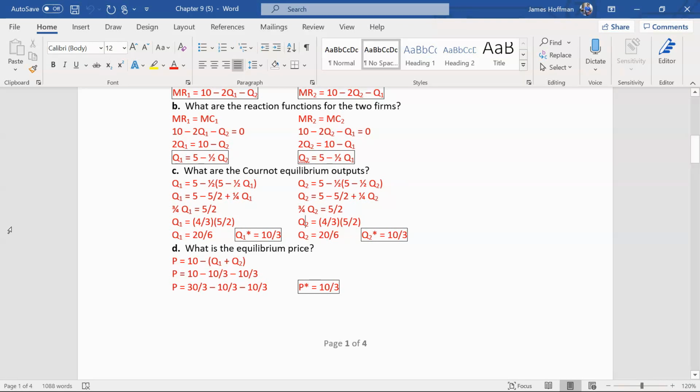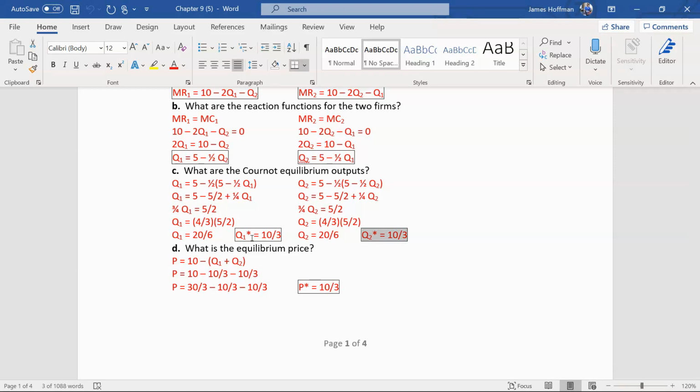We get 4/3 times 5 halves, which is the same thing, which is 10/3. So if you do this Cournot analysis correctly, you should get the same output for both firms because they both split the market. Alright, so you get Q1 star is 10/3, Q2 star is 10/3.